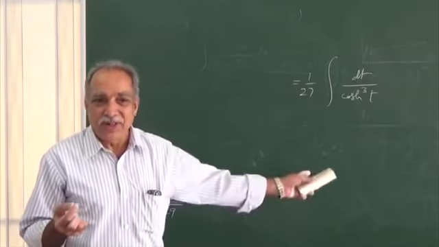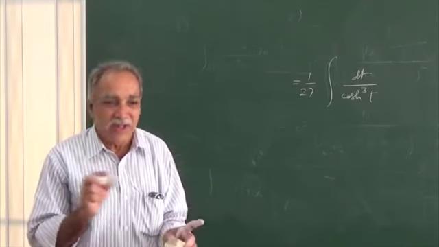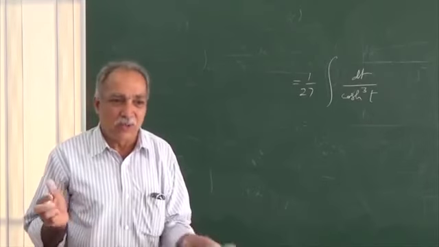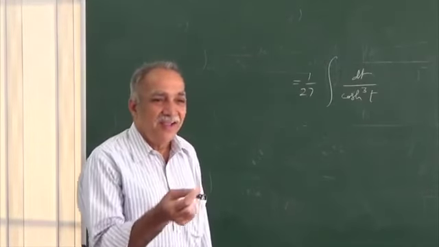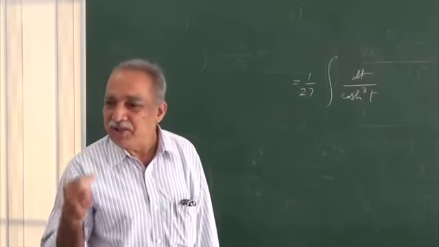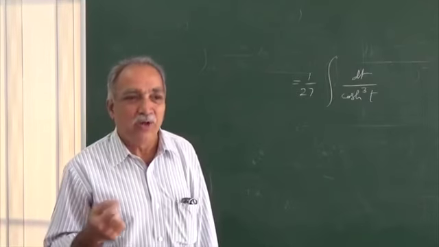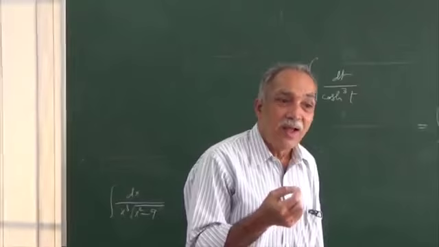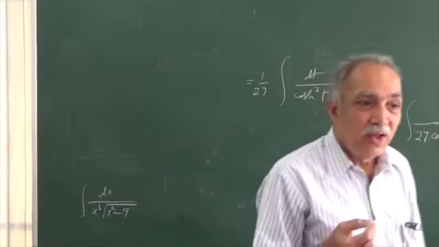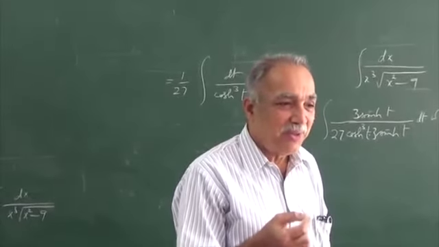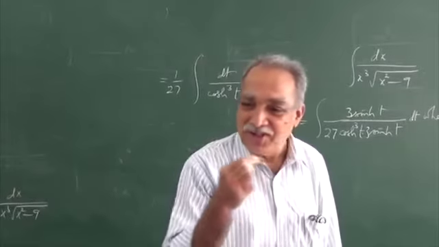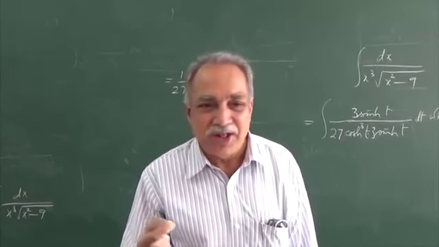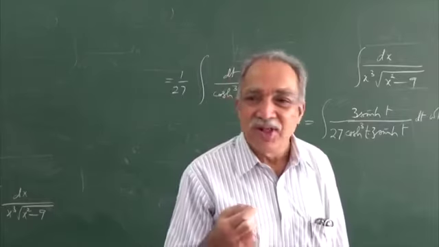A similar approach may work now also, because hyperbolic and trigonometric work almost similarly, not exactly, but almost. Suppose the situation is just 1 by sin cube theta. How will you get this integrated? Any simpler approach? 1 by sin cube x. Shortest approach to get 1 by sin cube x integrated.